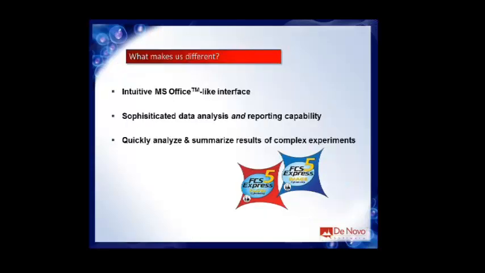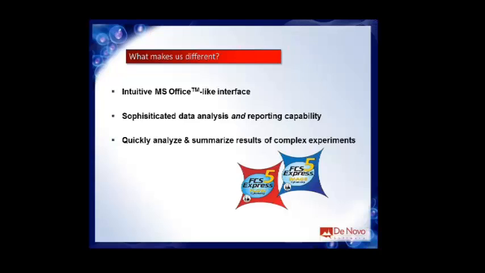So what makes us different from other software packages that are out there? Firstly, we have an intuitive Microsoft Office-like interface with ribbons and tabs. So I think it's going to be pretty easy for most of you to find your way around, since we all spend a lot of time in PowerPoint and Word and everything. Sophisticated data analysis and reporting capability.